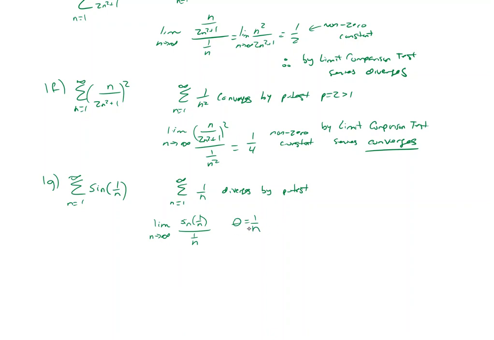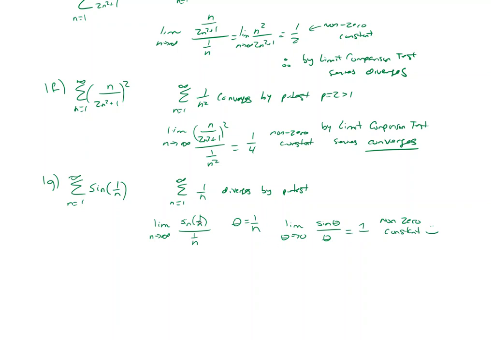So as n goes to infinity, what's theta going to approach? 0. And then we have sine of theta up here, and then we have theta in the denominator. That equals 1, which is a non-zero constant. A non-zero constant means what?